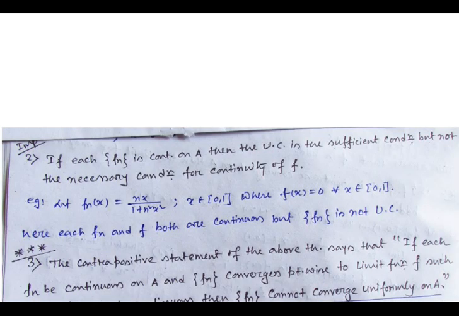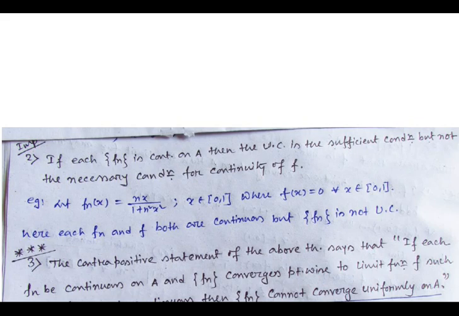Now note number 2 says that the condition we have learned in the above theorem is a sufficient condition for the continuity of f(x). It may happen, but it is not the necessary condition. That is, it may happen that each and every term of the sequence of functions is continuous, and the limit function is also continuous, though the sequence of functions is not uniformly convergent on the set A. How?